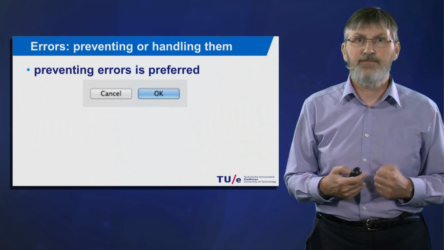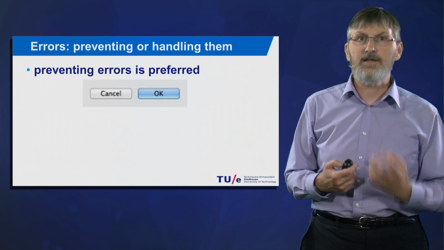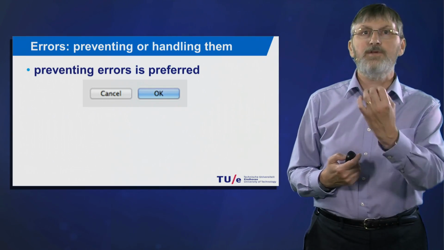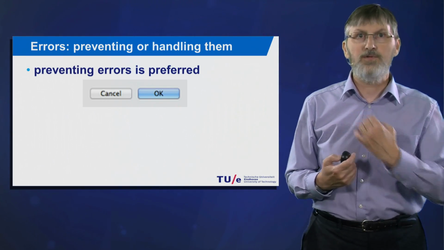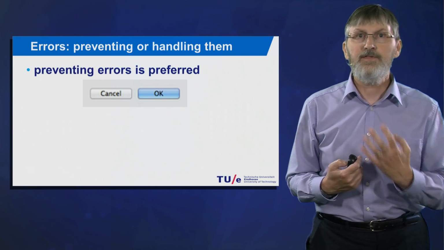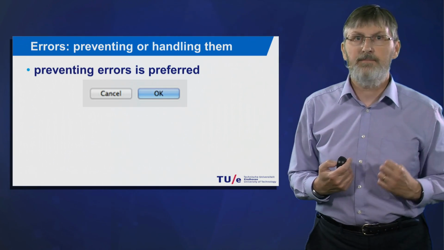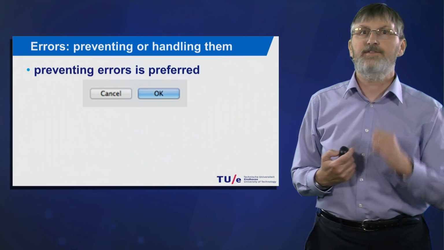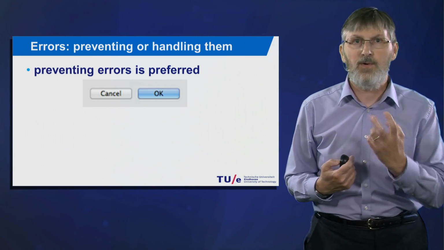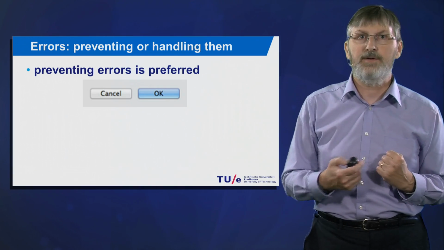Preventing errors can, for instance, be done by clearly highlighting the most likely control to be clicked, even though, in this case, the Mac OS order is different from the Windows order, which has the OK button on the left.